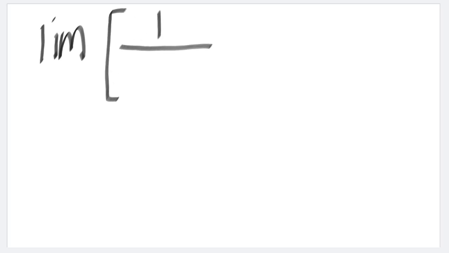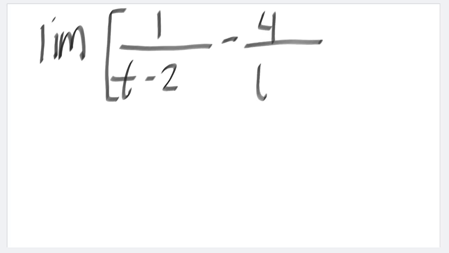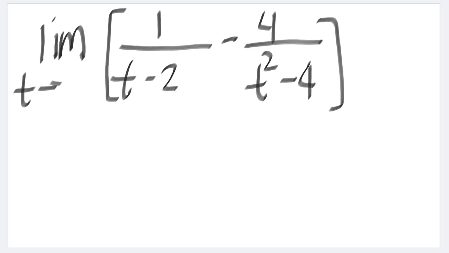Now, what about this one? Let us say the limit of 1 over t minus 2 minus 4 over t squared minus 4 as t approaches 0.